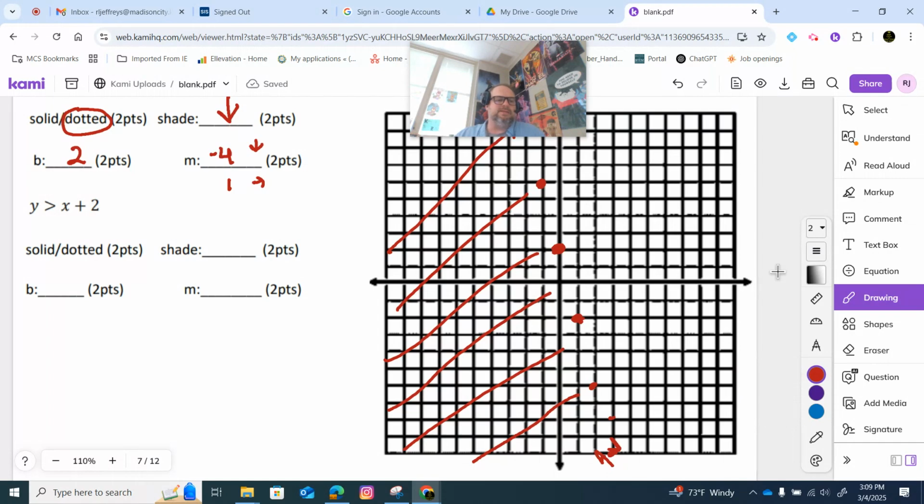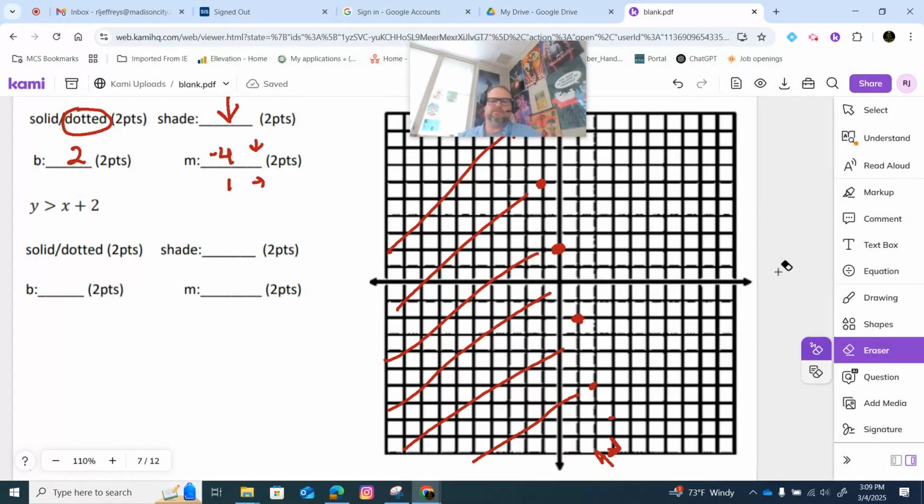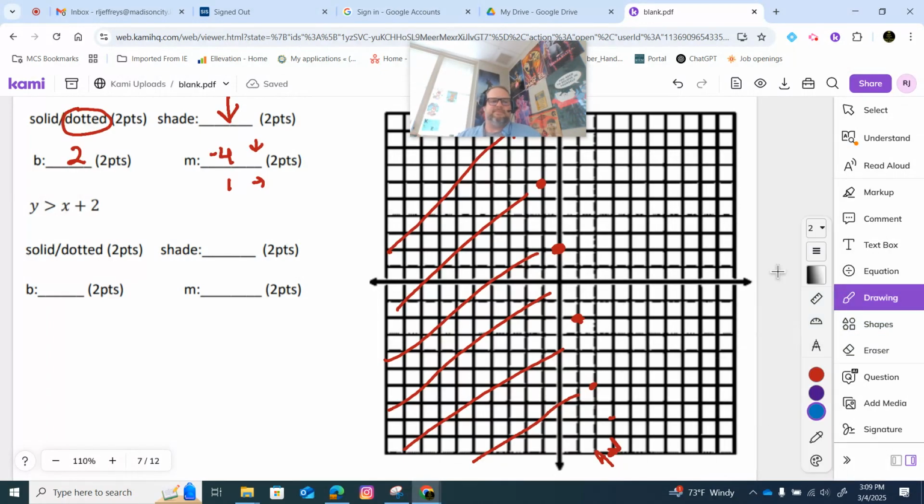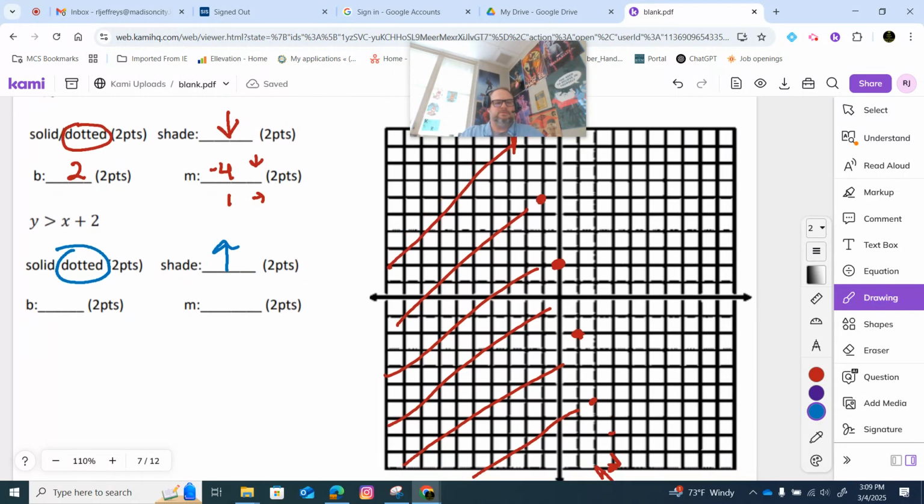All right, this one's also going to be dotted. I need a different color. I'm going to shade up. My B is going to be 2, and my M is going to be 1 over 1.